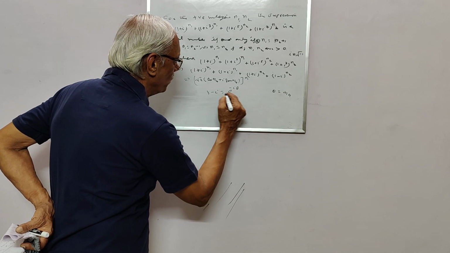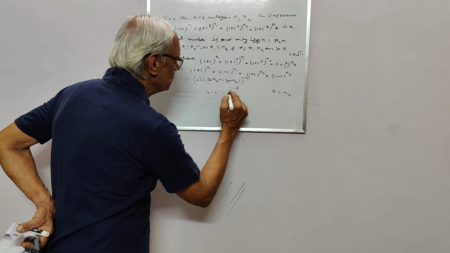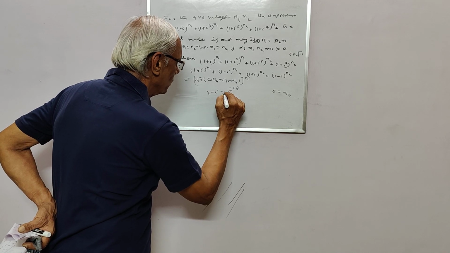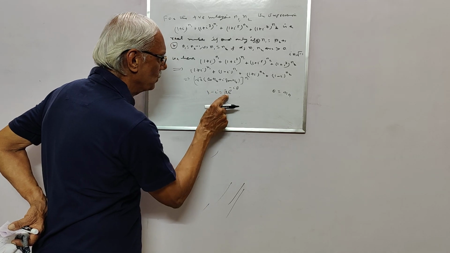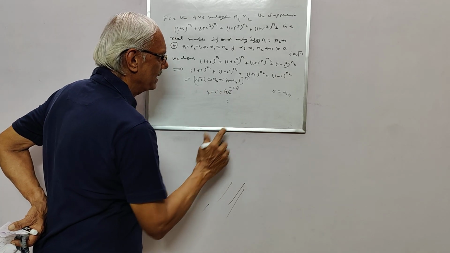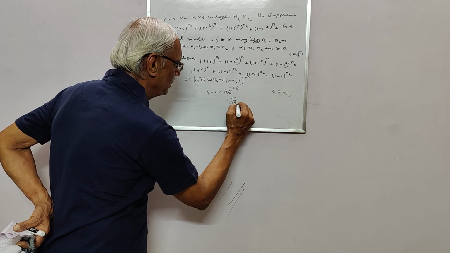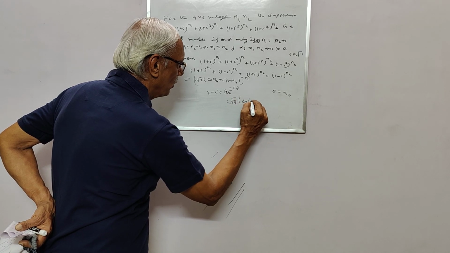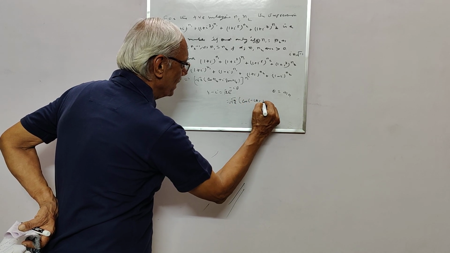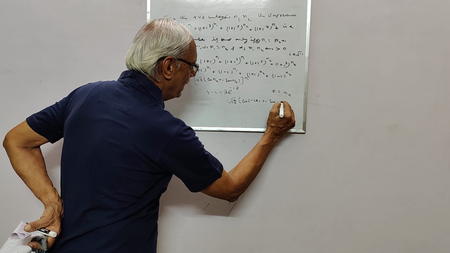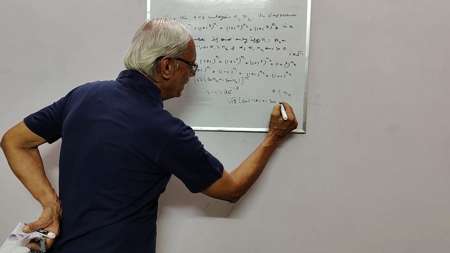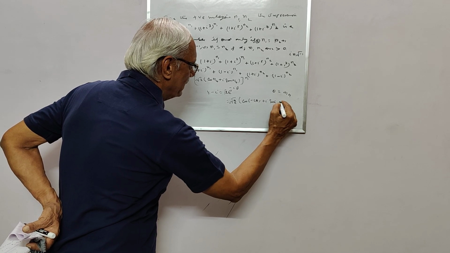So this will be nothing but what? Here you are having x plus i, it is root 2. Root 2, 1 minus i is equal to root 2 into e to the power of minus i theta. So this is root 2 into cos of minus theta plus i sin of minus theta.